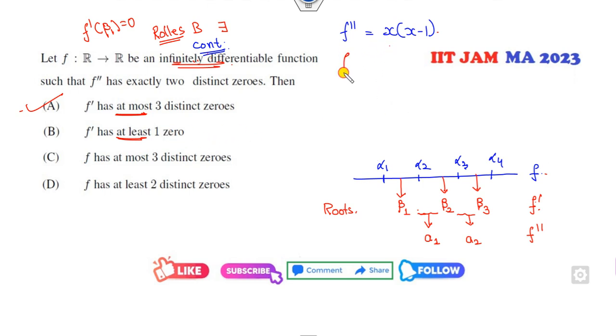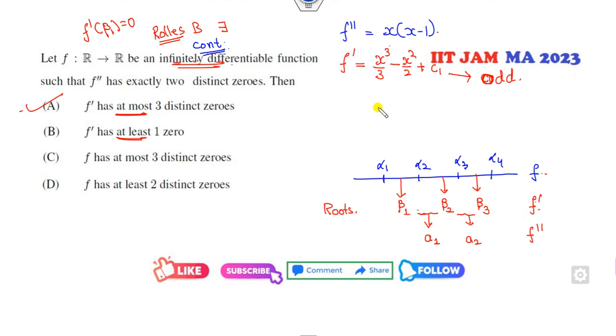If I differentiate this x square, it is x cube over 3 minus x square over 2 plus a constant c1. So what is the meaning of that? It's a cubic, or you can say it's an odd degree. Fine. Once you get the odd degree, how can you say about that? F dash has at least 1 zero.